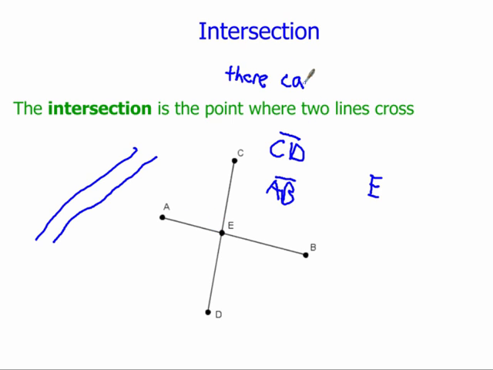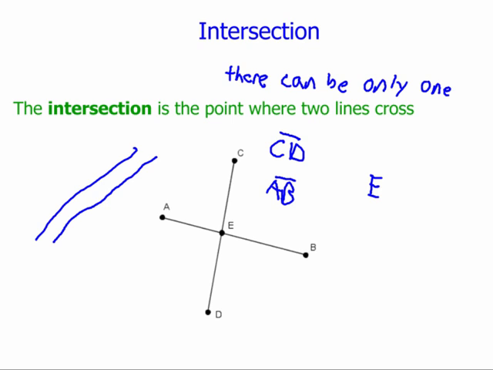Okay, there can be only one intersection. All right, and we'll discuss that more as we go on in class, but it is important to know that two lines, either they don't cross or they cross exactly one time. All right, those are our only two options.